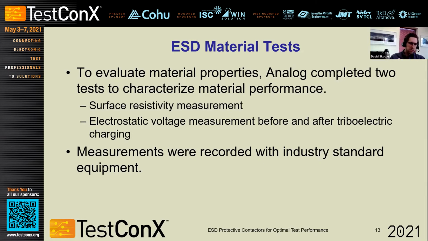And the electrostatic voltage is measured both before and after a tribocharging procedure, so some kind of mechanical friction or contact between two objects. In this case, as you would expect for the materials being measured here, the voltage is always higher after the tribocharging procedure. On the next slide, I'll share some results of testing.